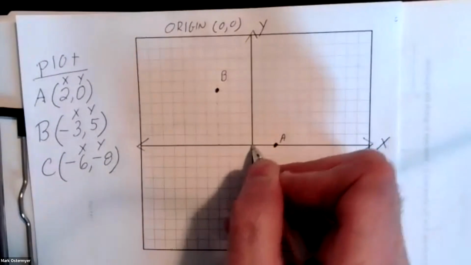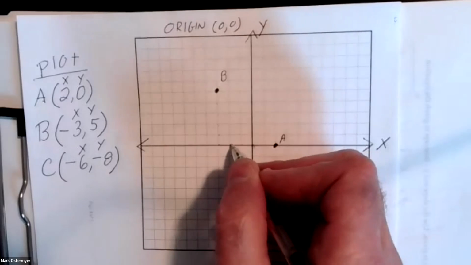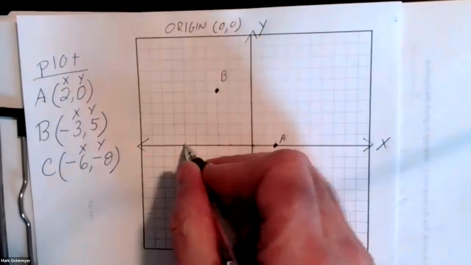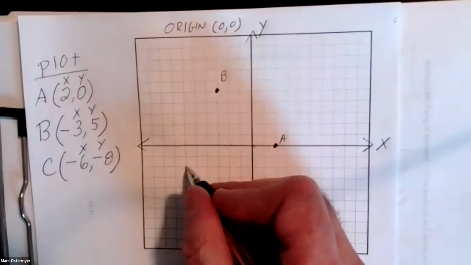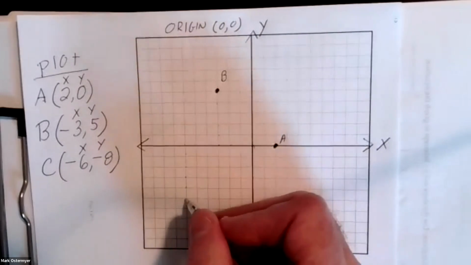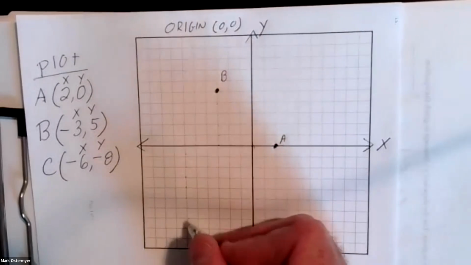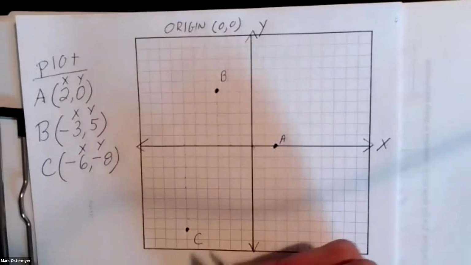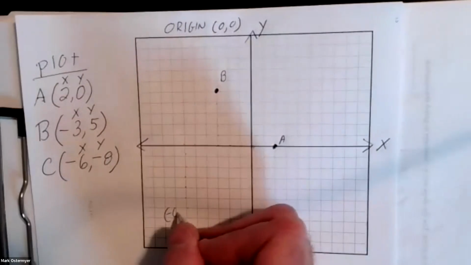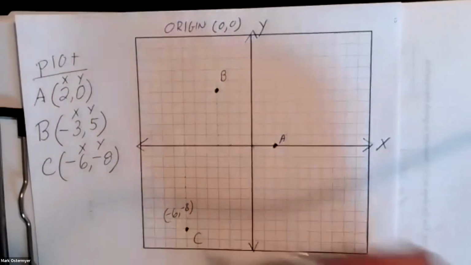So starting at the origin, 6 to the left, 1, 2, 3, 4, 5, 6. There's -6. Now we go down 8 units, -1, -2, -3, -4, -5, -6, -7, -8. And there is the point C that has the unique ordered pair address of -6, -8.